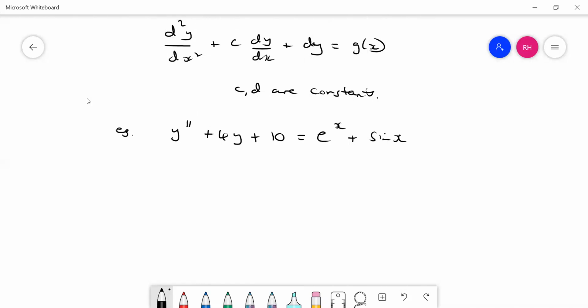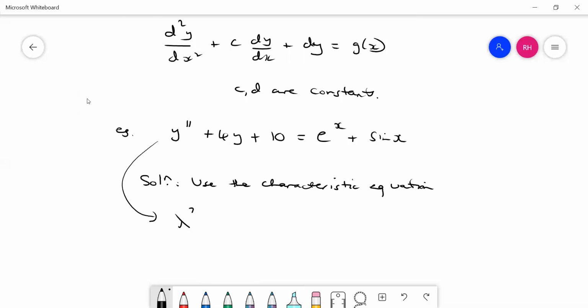And solution, well, the first thing is that we have to use the characteristic equation. In fact, we have to solve the characteristic equation. And the characteristic equation just comes directly from here. We replace the y double dash with lambda squared, we replace the 4y with 4 lambda, and we replace the 10 with just 10, equals 0.